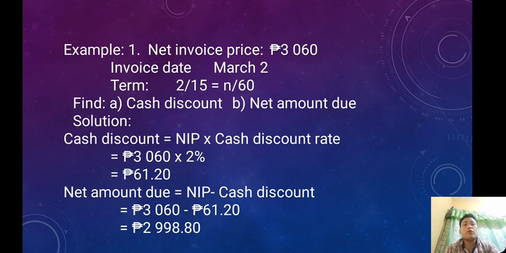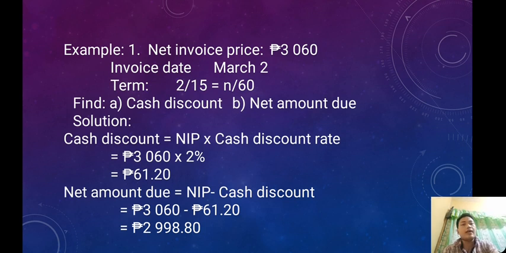The term is 2/15, n/60. We are asked to find the cash discount and the net amount due. Cash discount is equal to NIP, or the net invoice price, times the cash discount rate. So we have 3,060 pesos times 2%, which is 61.20. That was the cash discount.